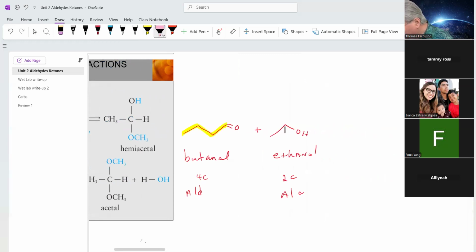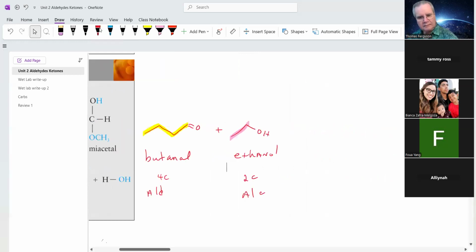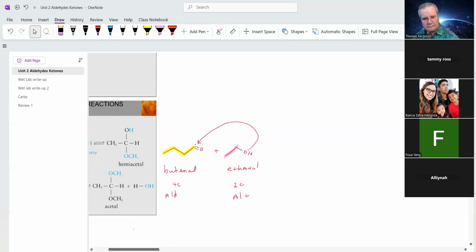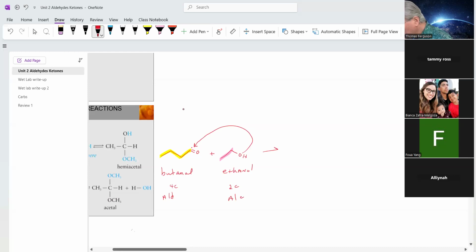And this is going to be the secondary backbone. And this is going to be the anomeric carbon. So this is going to be attached there. Notice I'm doing a double arrow because these are reversible reactions.